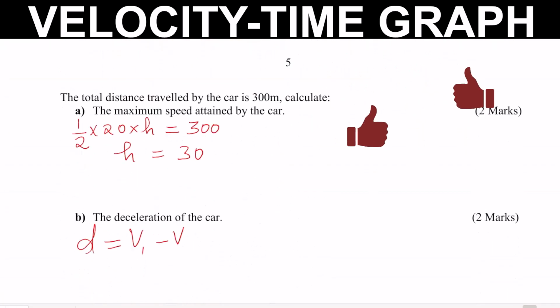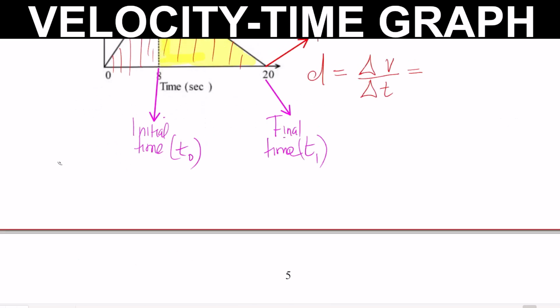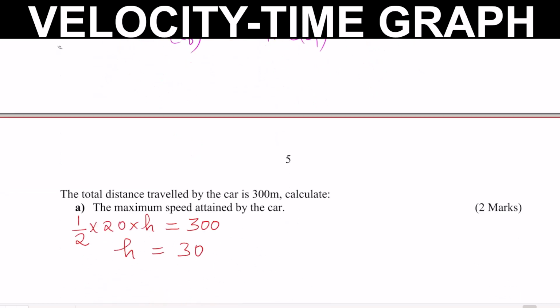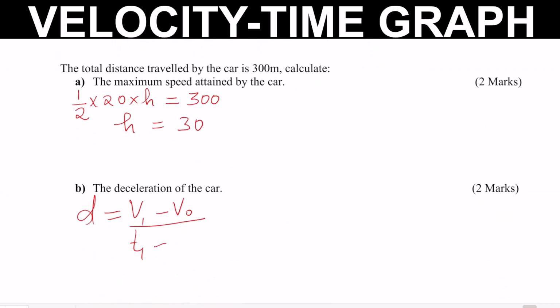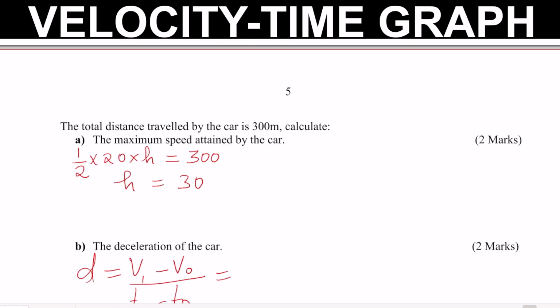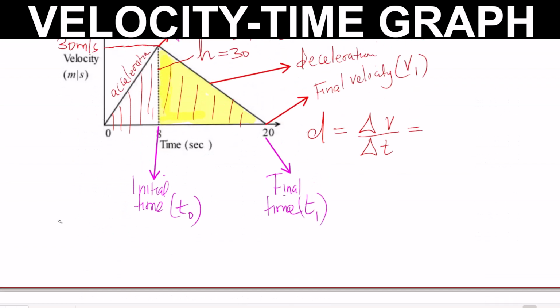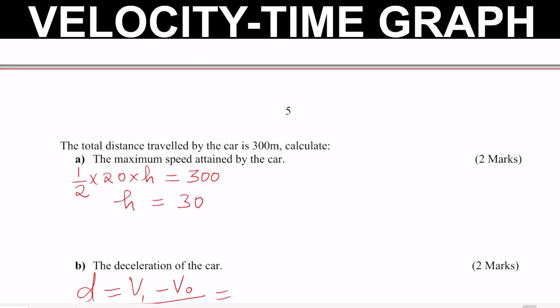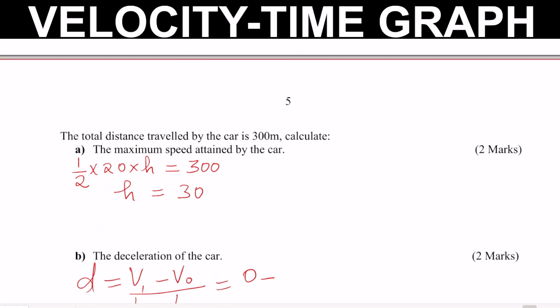Then the change in time is the final time subtract the initial time, so t1 minus t0. We input these values. v1, what is v1? Final velocity is 0. As you can see, this one is 0 meters per second.